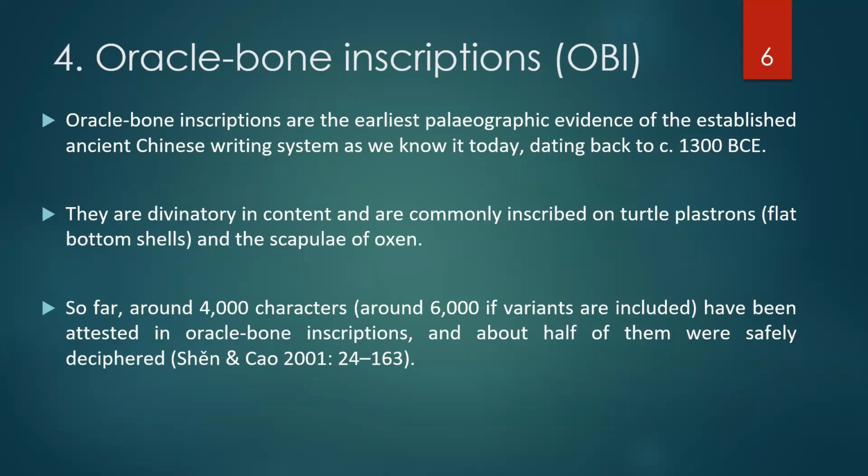They are divinatory in content and are commonly inscribed on turtle plastrons and the scapulae of oxen. So far, around 4,000 characters have been attested in oracle bone inscriptions, and about half of them were safely deciphered.